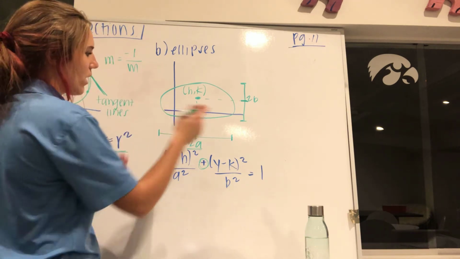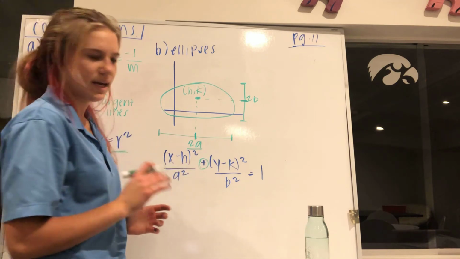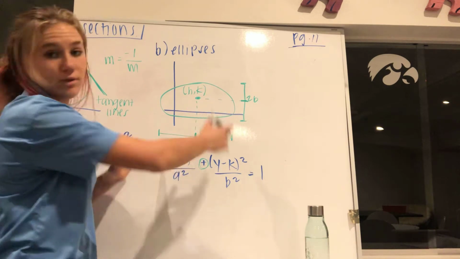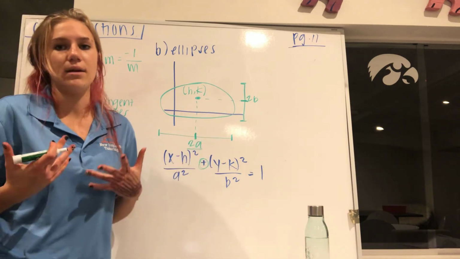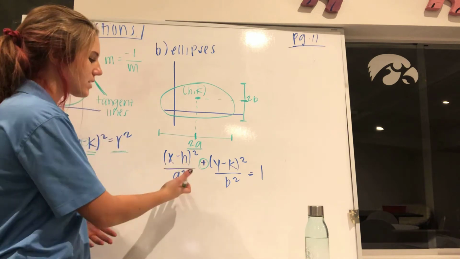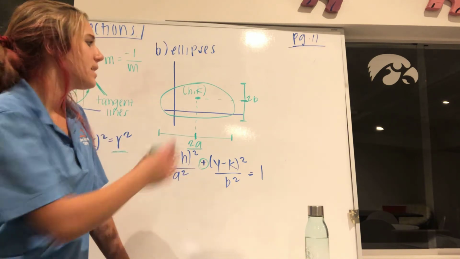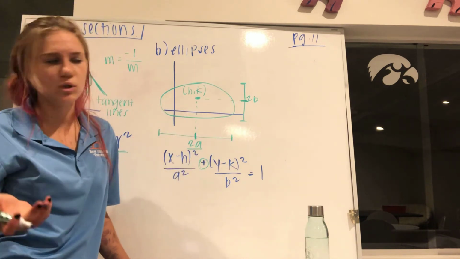Just know that whatever this number is here, you have to manipulate it a little bit to get it into this format. Basically all you have to do, let's say, like I said, they gave you 2a, let's say it's 14. Divide 14 by 2 to get a, which is 7, and then square 7, 49. Pretty simple, you can do it in your head most of the time. Same exact thing goes for b. Again, just make sure you divide it, square it.